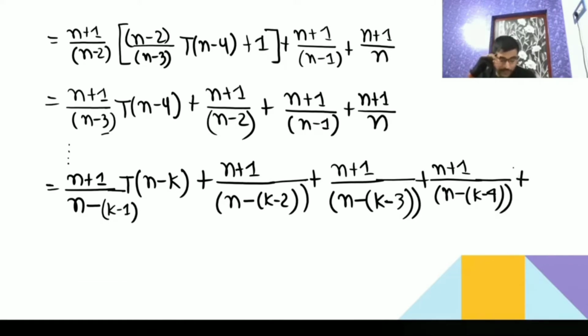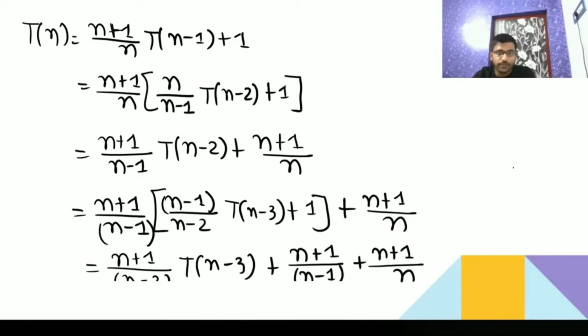First let me know whether it is clear or not. I think that plus 1 I have left somewhere. Yeah, this plus 1 I left. In place of tn minus 1, I have substituted that, and plus 1 was there, na?